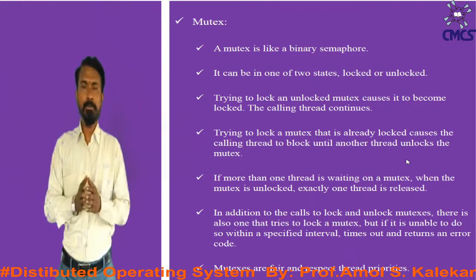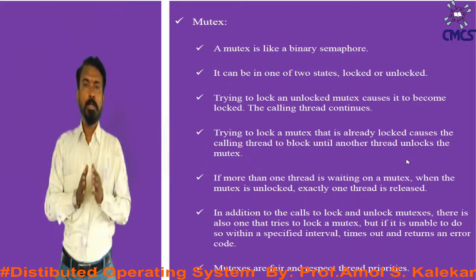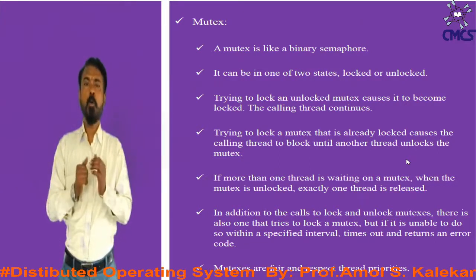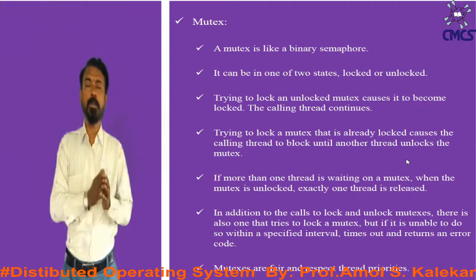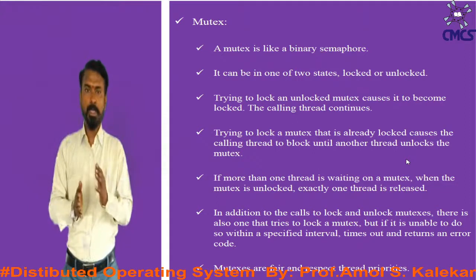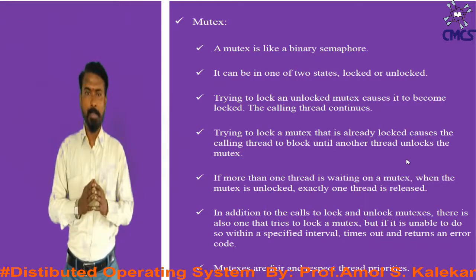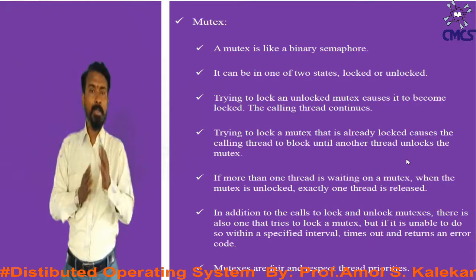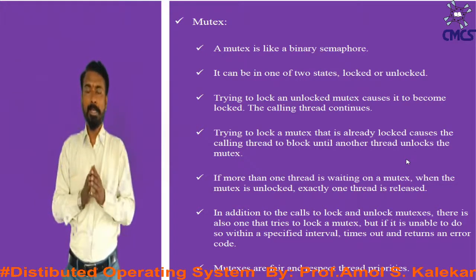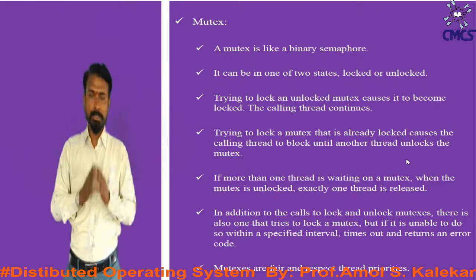In addition to the calls to lock and unlock the mutexes, there is also one that tries to lock the mutex, but if it is unable to do so within a specified interval of time, there will be a timeout and an error code will be generated.